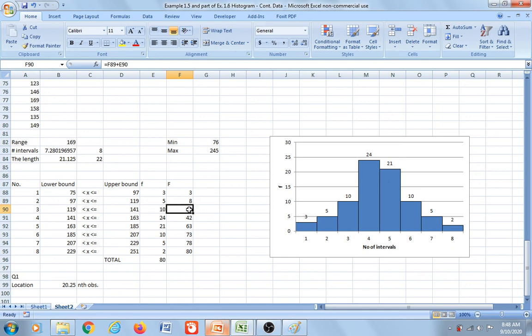So for sure your first quartile is not in interval number 3, but it will be in interval number 4.